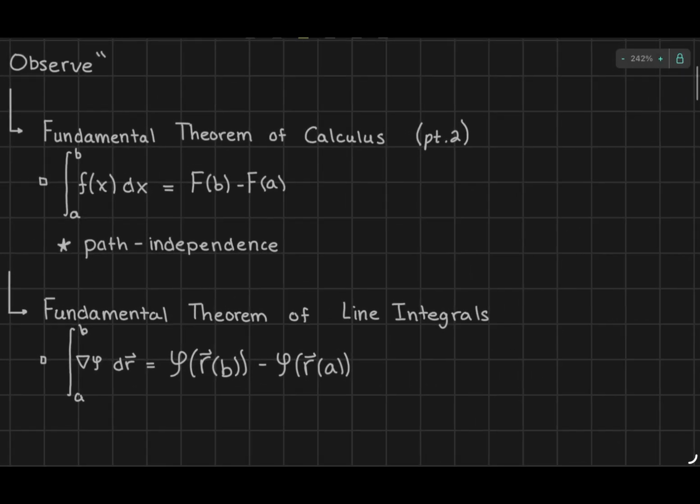Let me write it down here. We're going to have the integral of the gradient of phi, or our vector field, dr, from a to b, and using the fundamental theorem of line integrals, it's going to equal phi of our parameterization at b minus phi of our parameterization at a.